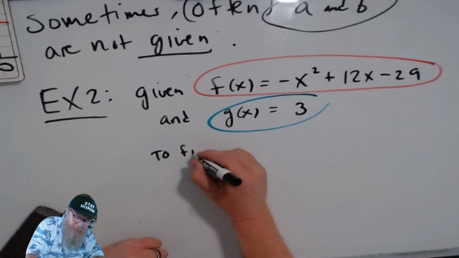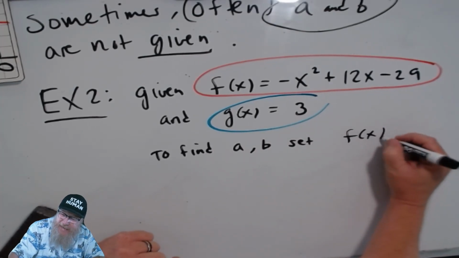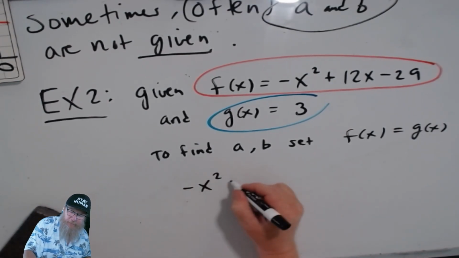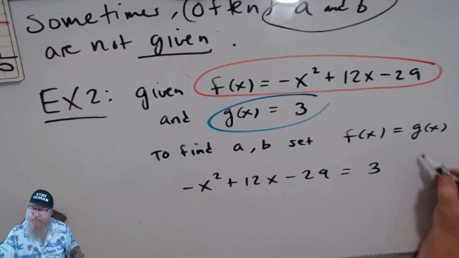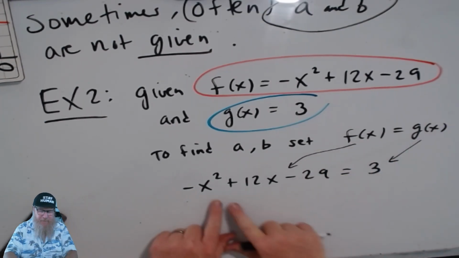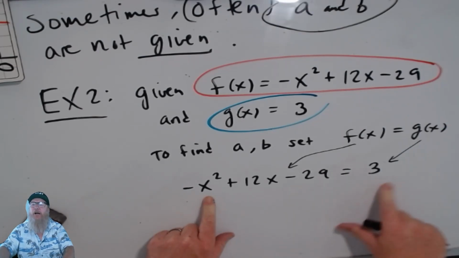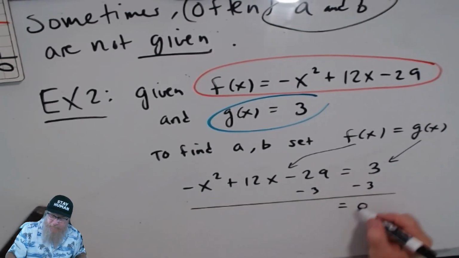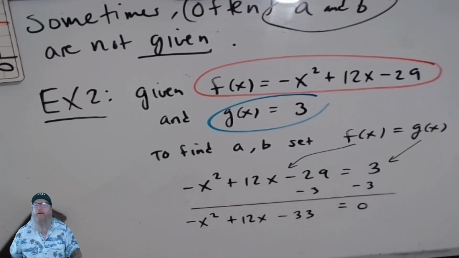Basically, to find A and B, set f of x equal to g of x. Set them equal to each other. So g of x is 3. f of x is negative x squared plus 12x minus 29. Set them equal to each other and solve for x. This is just a review of basic algebra. So I'm subtracting 3 from both sides.